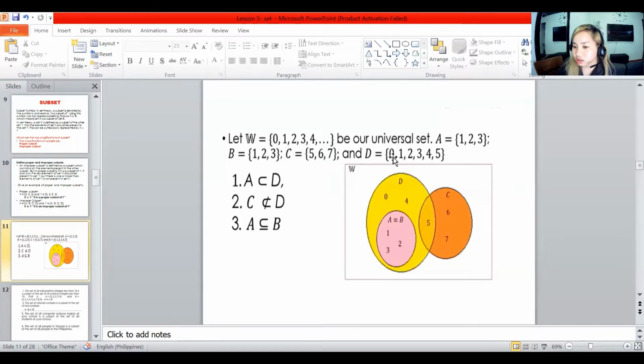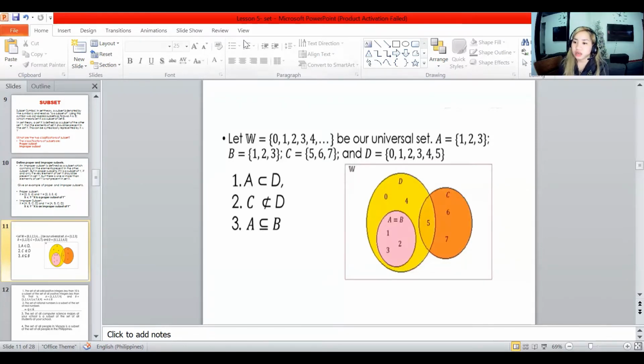Dito naman po sa D is 0, 1, 2, 3, 4, 5. And as you can see, yung 5 lang po yung present sa elements ni D. That's why C is not a proper subset of D. Ang basa po dito, not a proper subset. Dito naman po, improper subset.